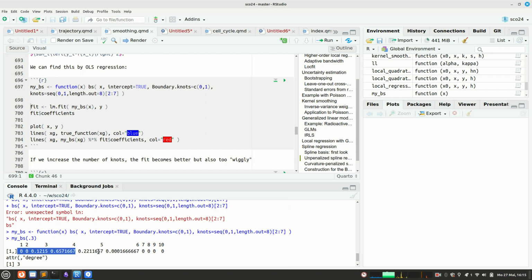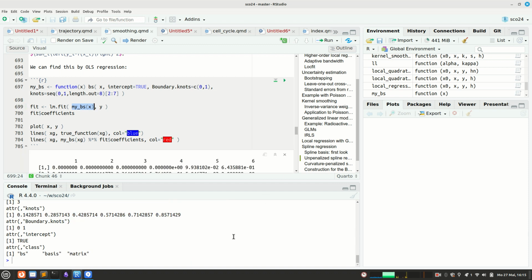So these are the values of the 10 basis functions at the position 0.3. I'll tell you later how I construct them, but for now let's just say we have them, so I can calculate the basis functions at all the actual x values.